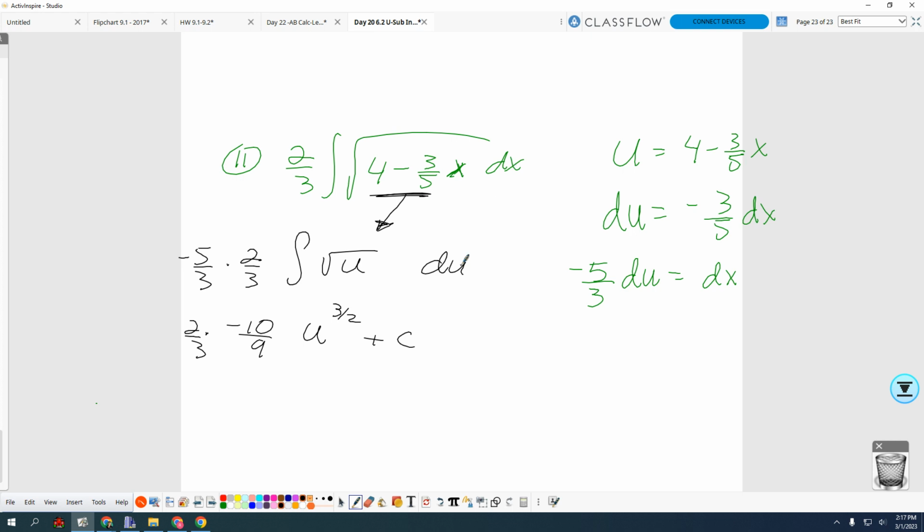And then the dx: she went through the trouble to solve for dx and put in the du and that negative 5/3. Then she did the multiply. Then she said the integral of u to the 1/2 is the power, divide by the new power. And nothing really simplifies. And the u value is 4 minus 3/5 x.